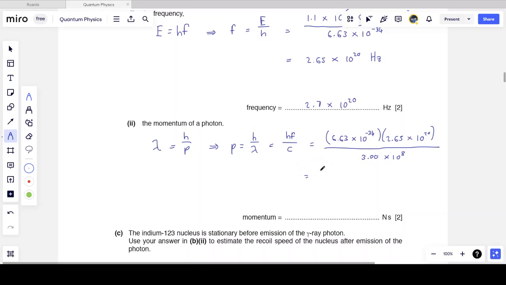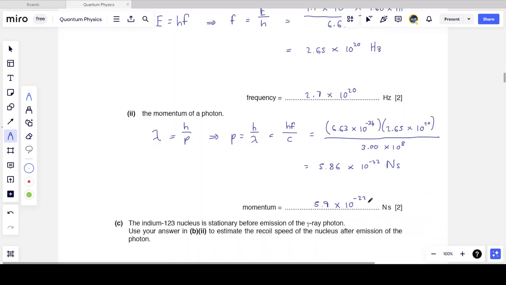And what I get is the momentum of the photon p to be 5.86 times 10 to the minus 22 Newton seconds, or to two significant figures, 5.9 times 10 to the minus 22 Newton seconds. So you can see the momentum of a single photon is quite insignificant.